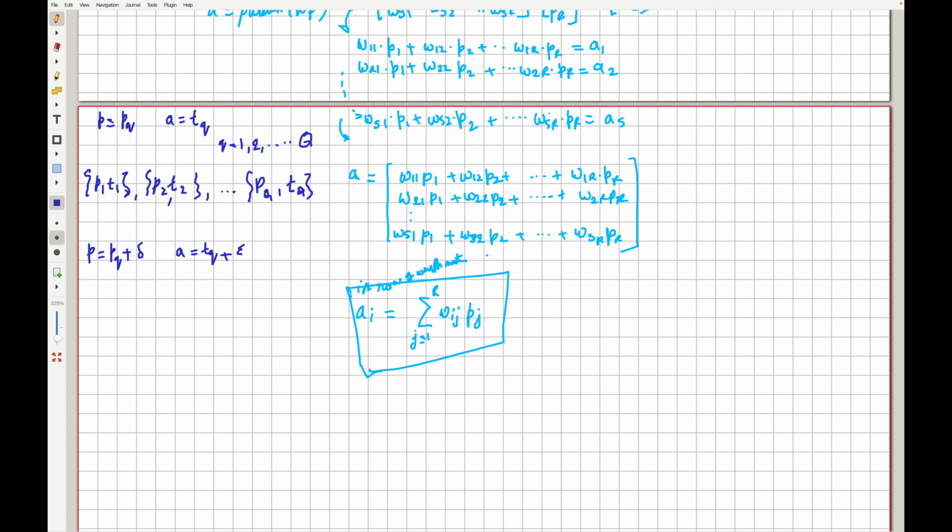If we have some new input vector for which we would like to find the output, we can take the dot product of it with W to get our output vector, which is going to be t new.